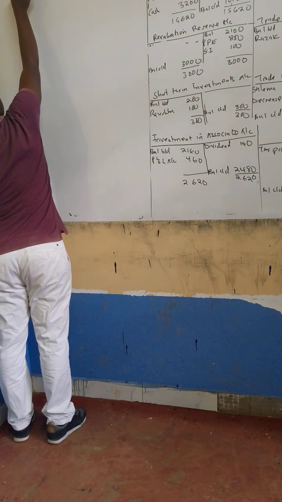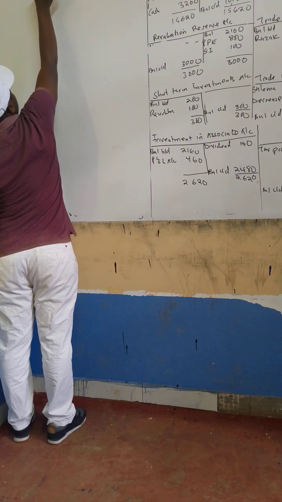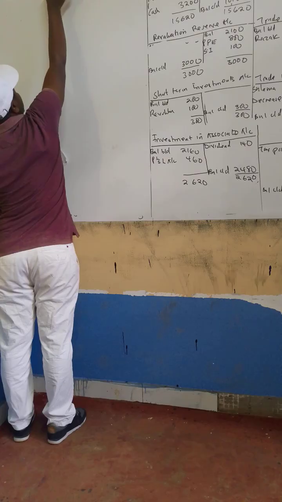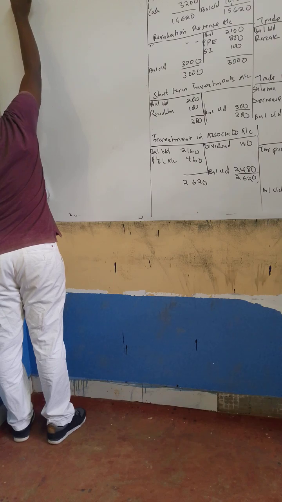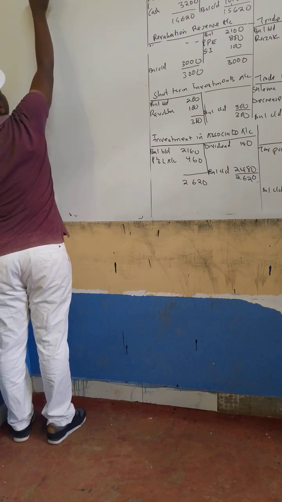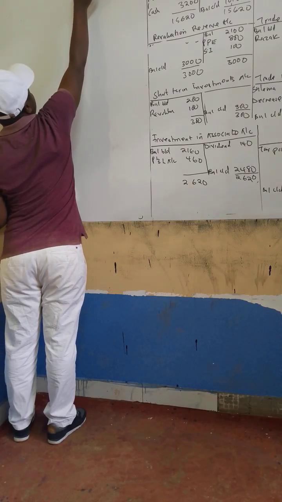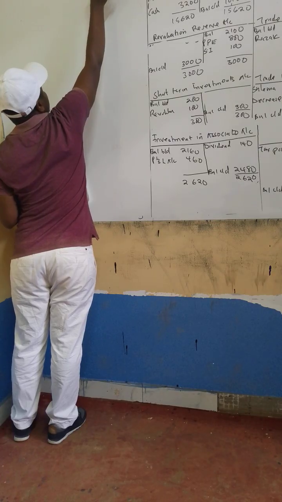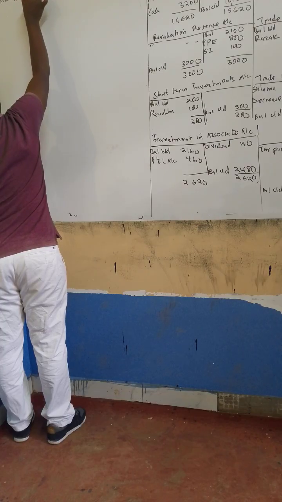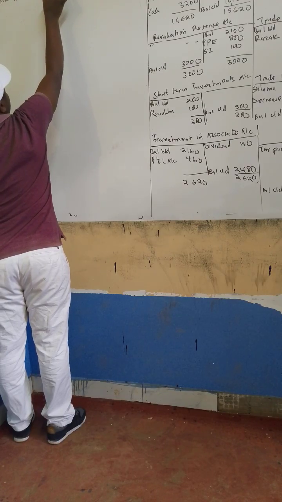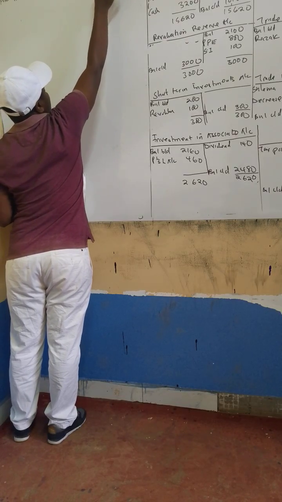So Makongeni group, and we have the consolidated statement of cash flow for the year ended 31st October 2019.